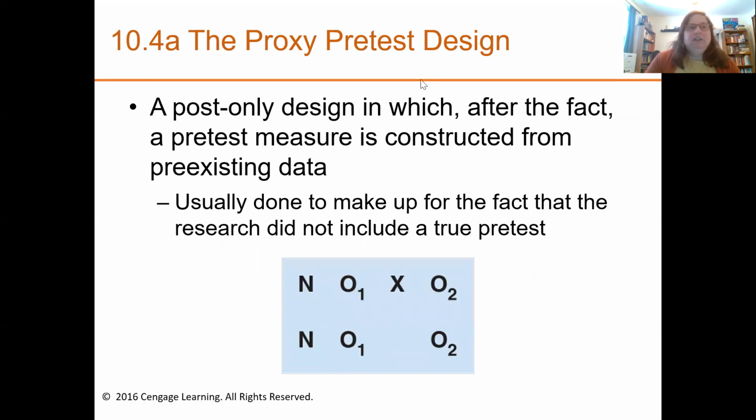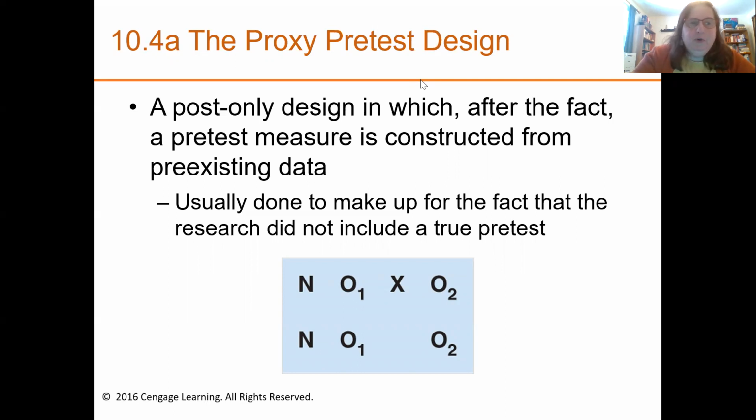All right. Proxy pretest design. A post-only design in which after the fact a pretest measure is constructed from pre-existing data. Now, this is usually done to make up for the fact that the researcher did not include a true pretest. So not really the way you would love to go, but sometimes it's possible to get some information this way.